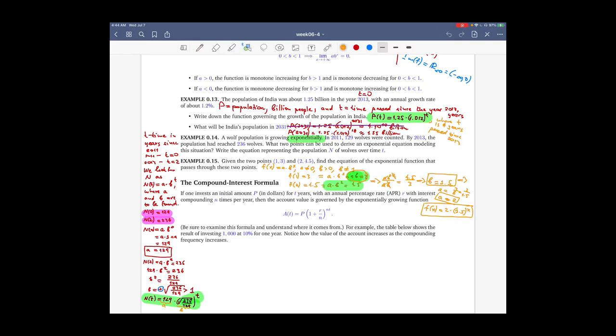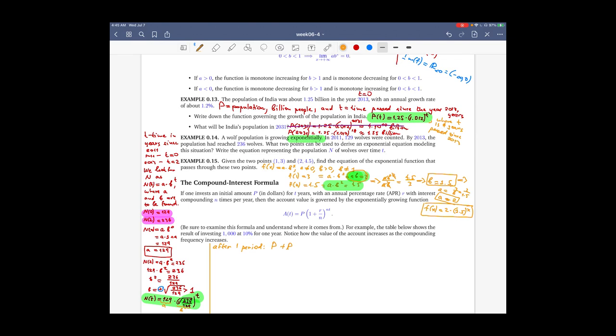So we invest an initial amount of $P, and within the first year, after the first period, we end up with what we had before, P plus P times our interest.